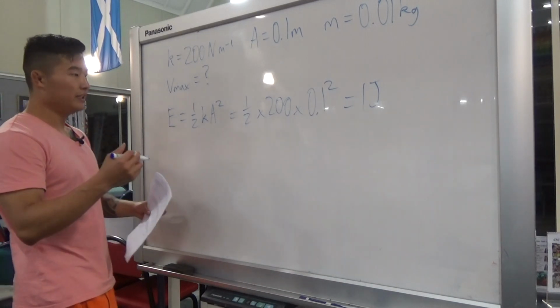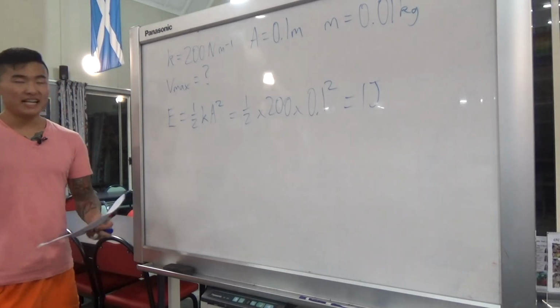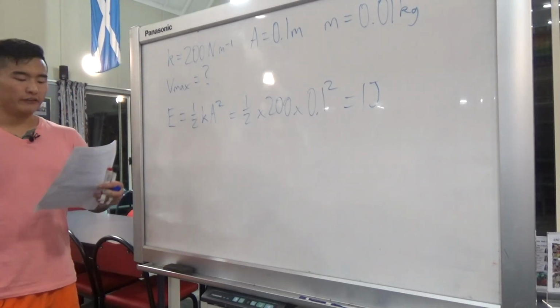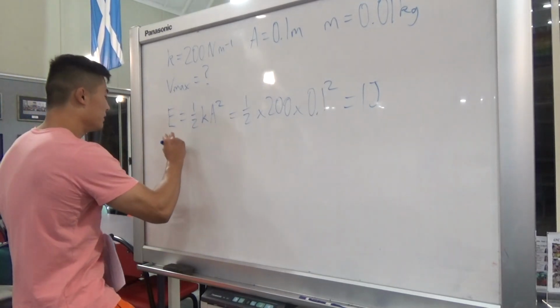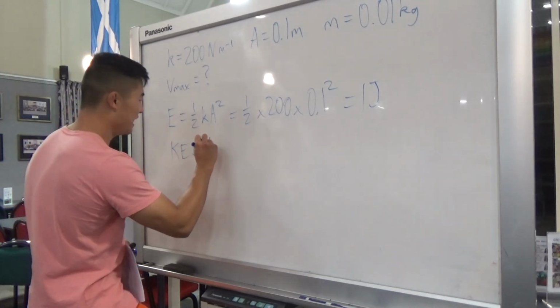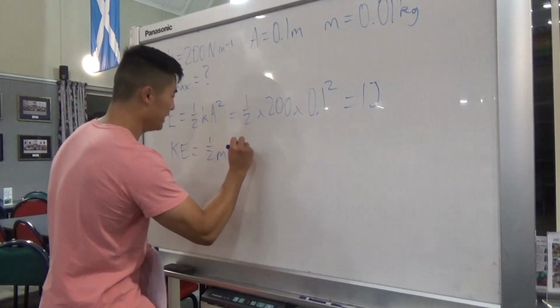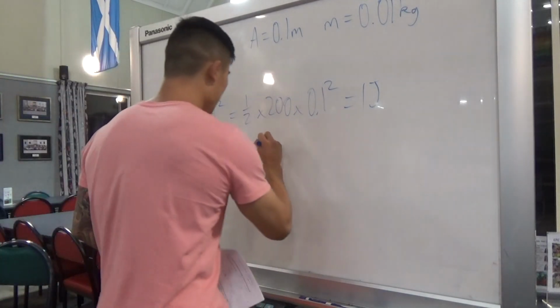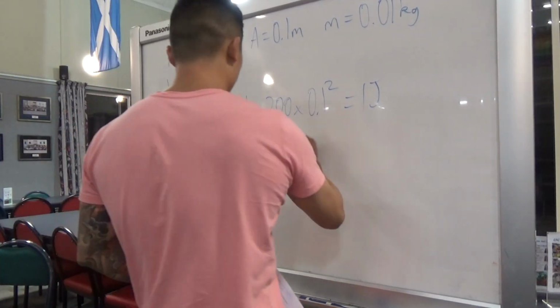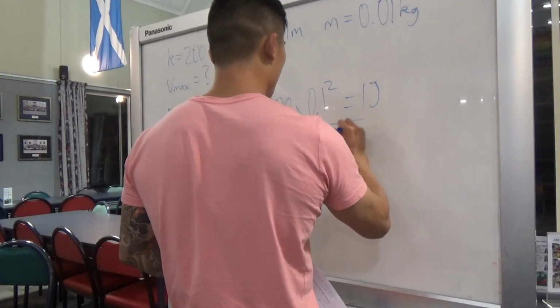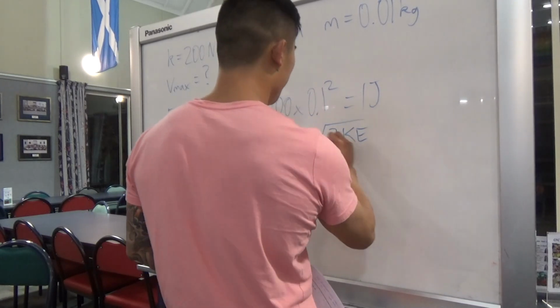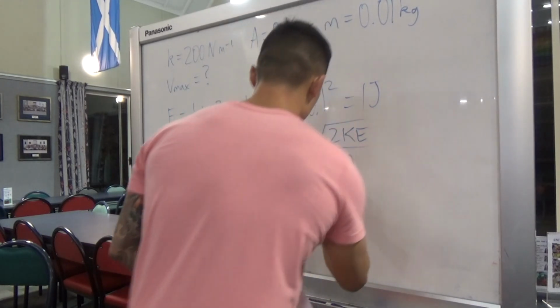So we have now the maximum kinetic energy of the bullet. So kinetic energy is equal to half mv squared, and we're going to rearrange that for velocity. So v is equal to the square root of 2 times KE over m.